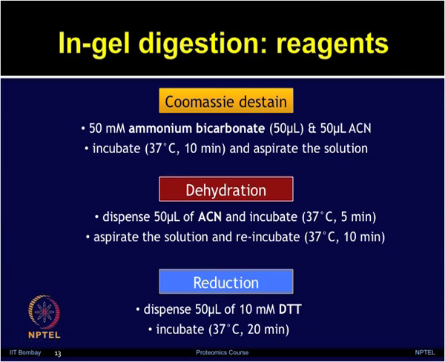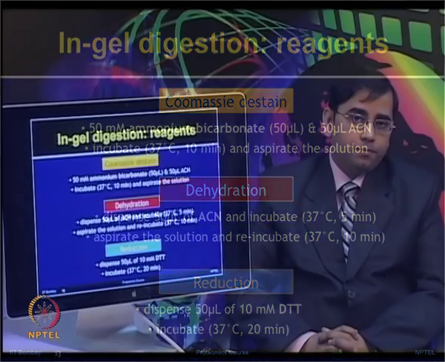The excised gel pieces should be washed with bicarbonate buffer and acetonitrile for removal of the staining agent. You can see the recipe in the slide. We will talk more about how to do these experiments when we come to the animation of these steps.